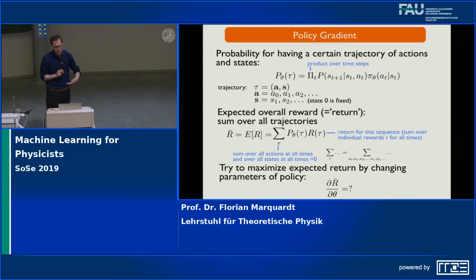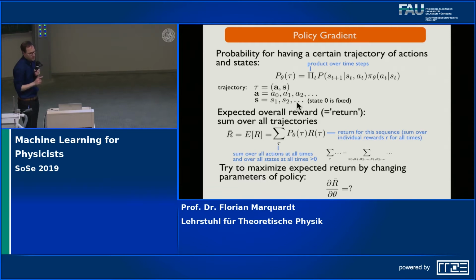And so this whole trajectory or movie, I want to abbreviate here. I want to call it tau, tau for trajectory. And so this consists of the sequence of all actions that I take and the sequence of all states that I take. Maybe I always start out from the same state in the beginning, but after that it depends on the details of how these probabilities look like and what is actually realized.